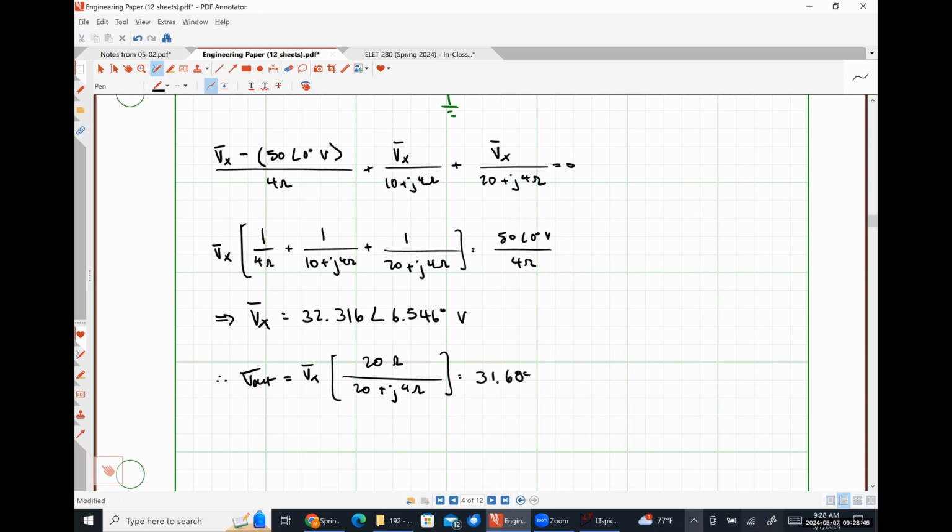That is 31.688 with an angle of negative 4.764 degrees.